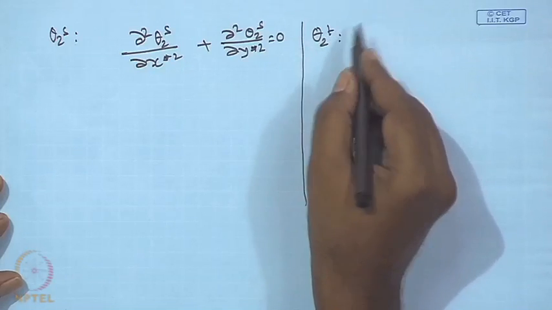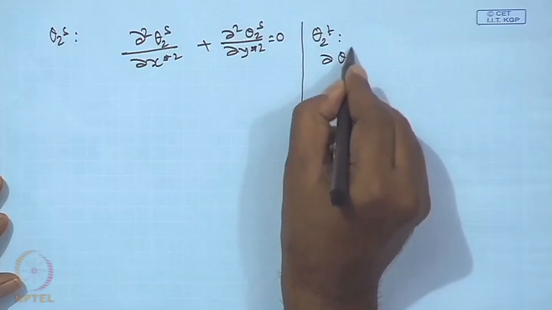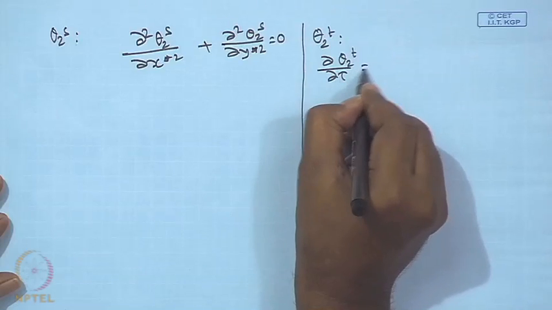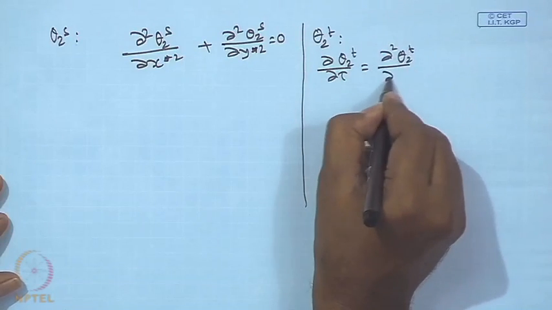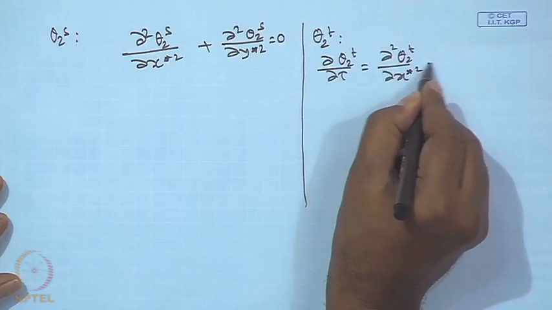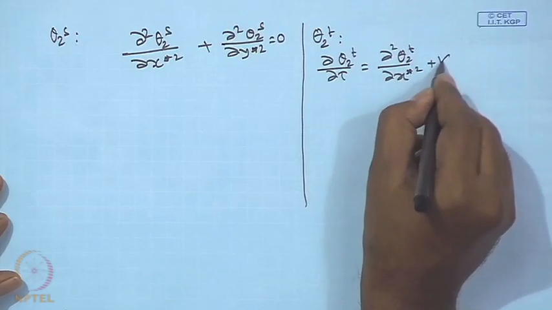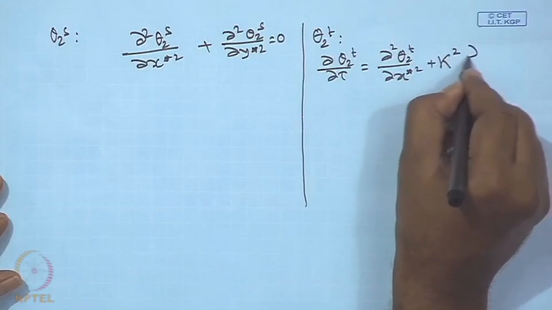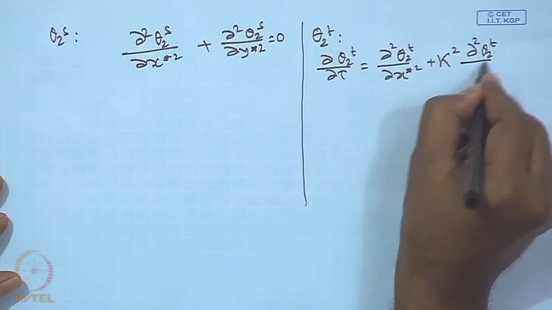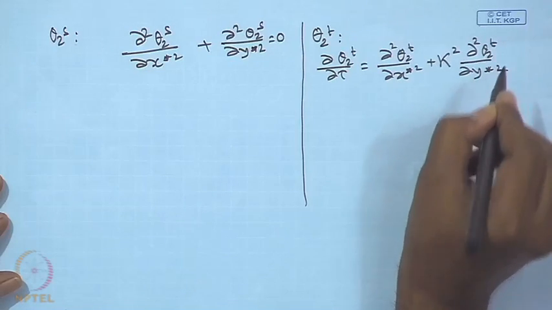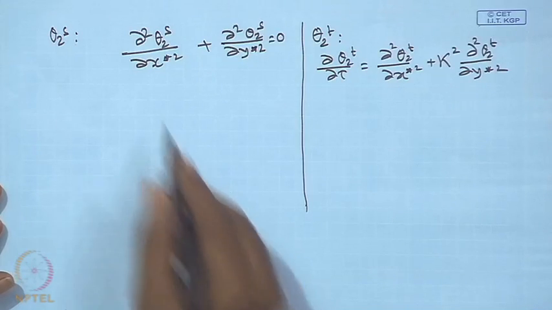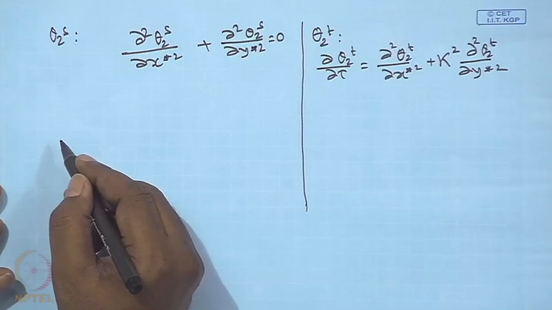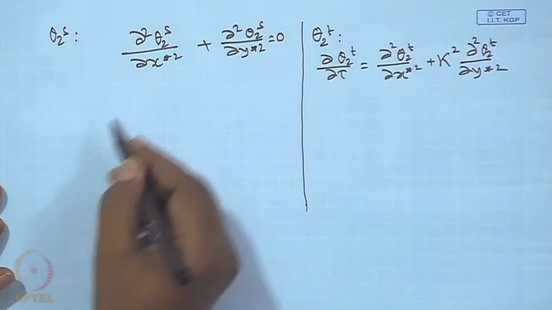So, that will be del theta 2 t del tau is equal to del square theta 2 t del x star square plus kappa square del square theta 2 t del y star square. Now, let us set up the boundary condition of the steady state part. The boundary condition should satisfy the boundary condition of the original problem.